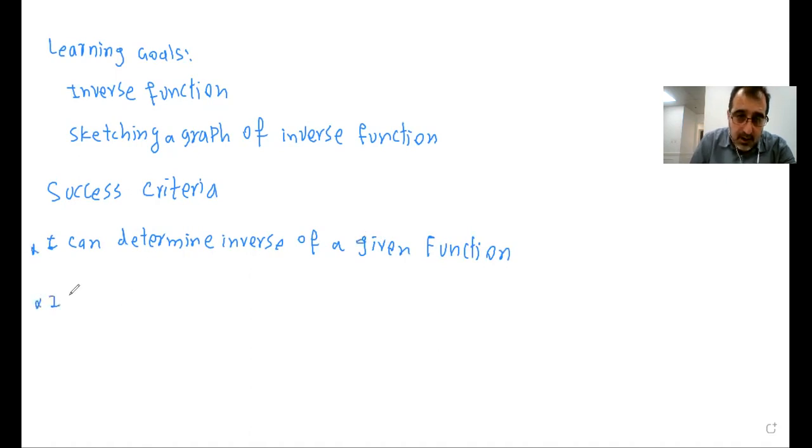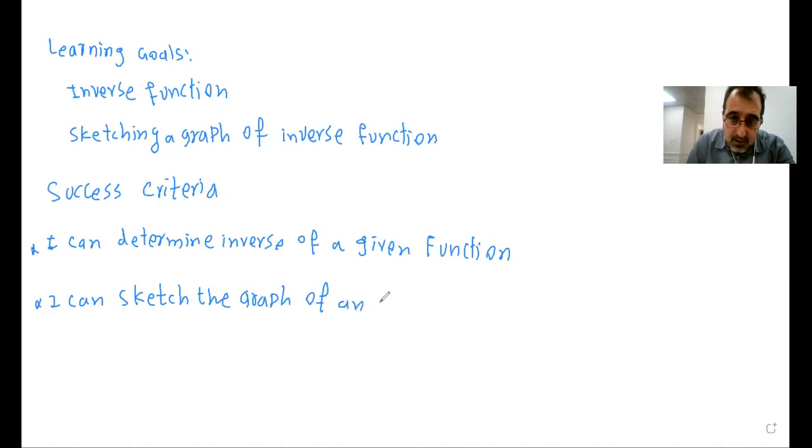Secondly, I can sketch the graph of an inverse function.